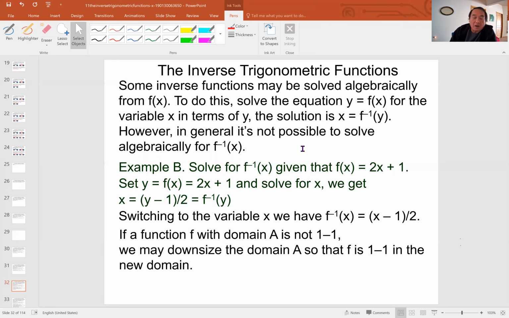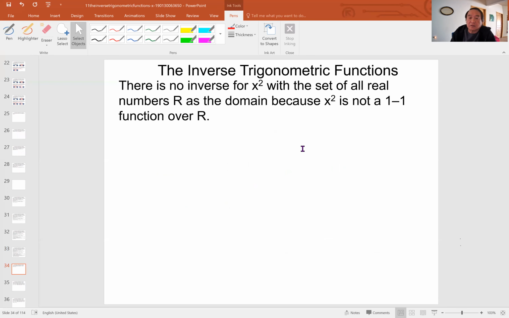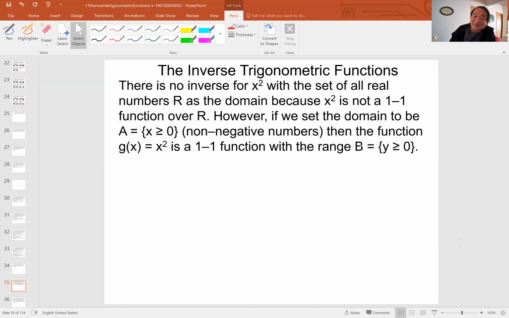Now let's come to the functions where it's not one-to-one, like x squared. We can make it one-to-one if we restrict the domain. The problem with x squared not being one-to-one, with plus and minus going to the same thing, is that the domain is too big. I can restrict it to just positive numbers, and then I can talk about the inverse.